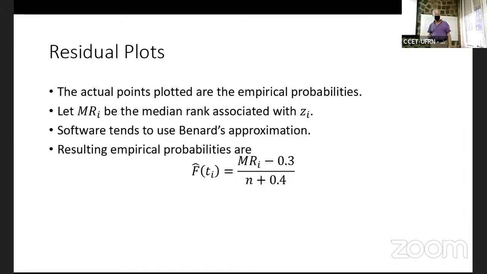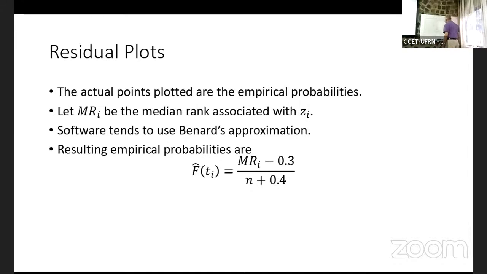It's not a good one, but this is what the reliability literature uses. And then the software uses Bernard's approximation, so it's the median rank value, I minus 0.3, divided by the number of observations plus 0.4. This is standard in the reliability literature, and it seems to work reasonably well.